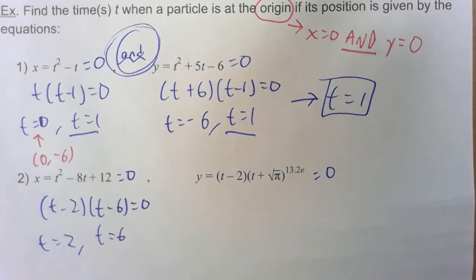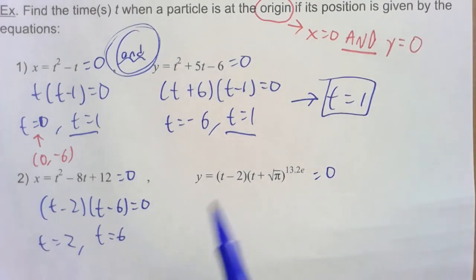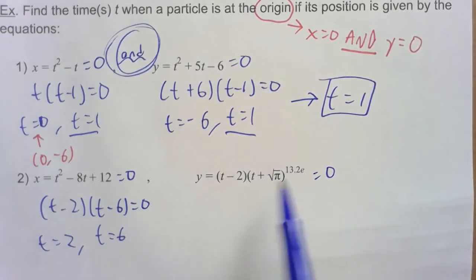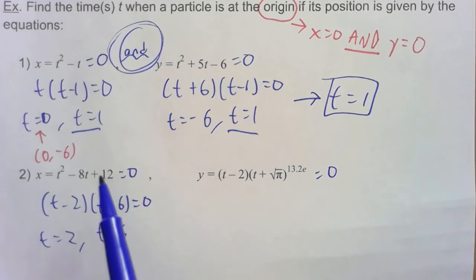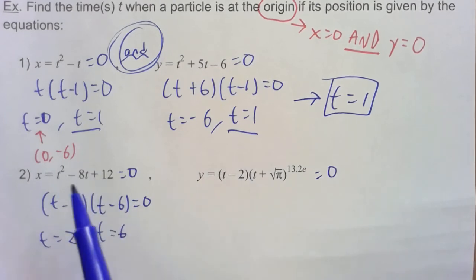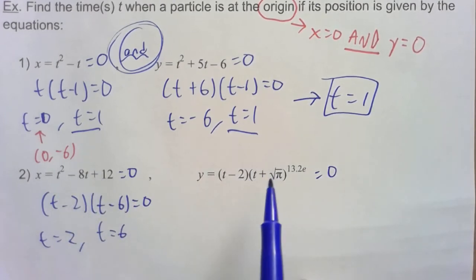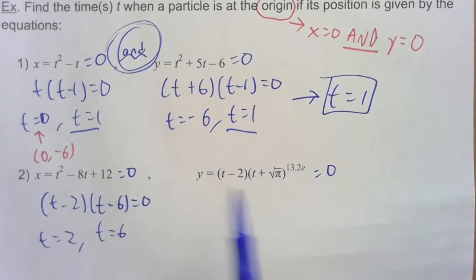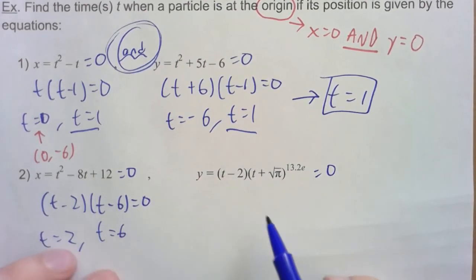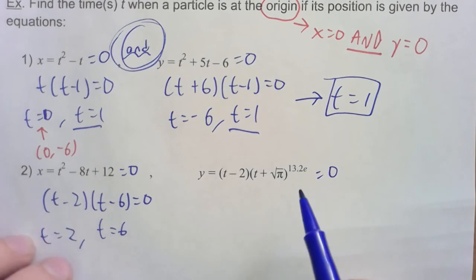If you're just setting x equal to y, then you're not necessarily finding just when it's 0, 0. But a lot of times that would work and that would give them the right answer. And so what I did is I created some of these silly looking problems where it would be difficult for you to set these two equations equal to each other. That would be pretty complicated to solve, but it's not hard actually to solve each of them equals 0.